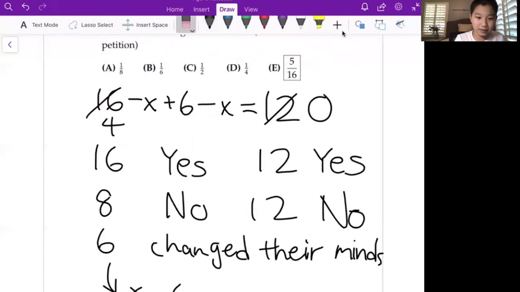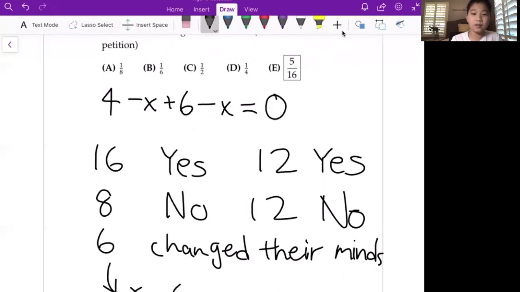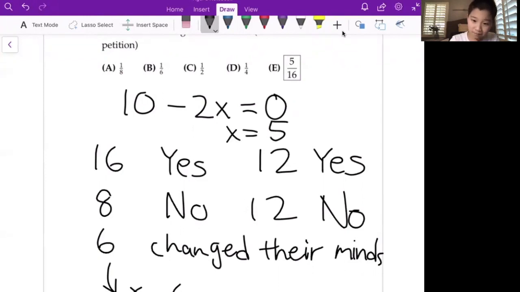Let's rewrite it. And then this 4 plus 6 becomes 10. And then the minus X becomes minus 2X. So 10 minus 2X equals 0. So X equals 5.